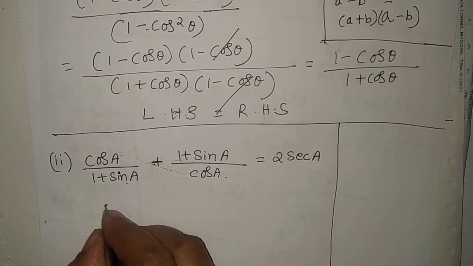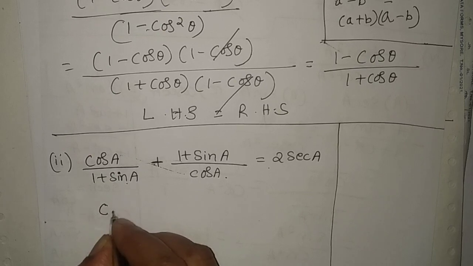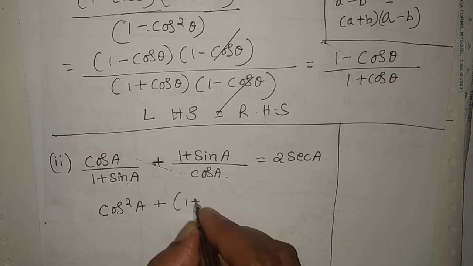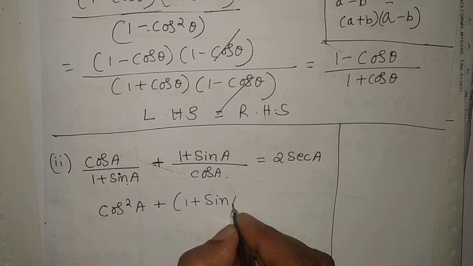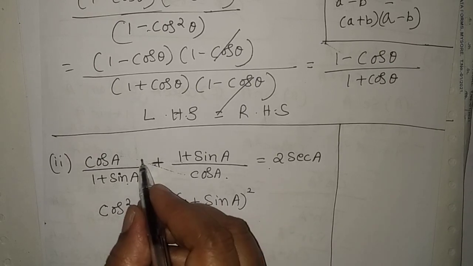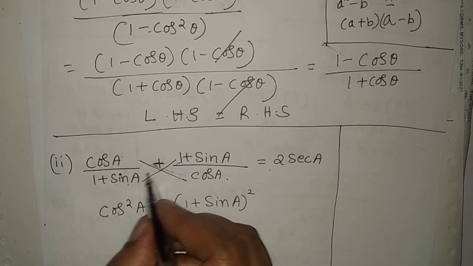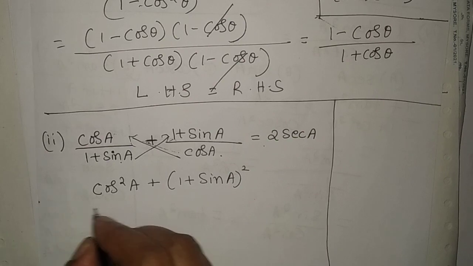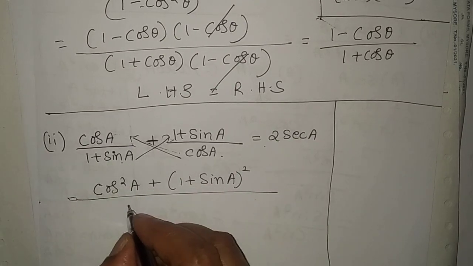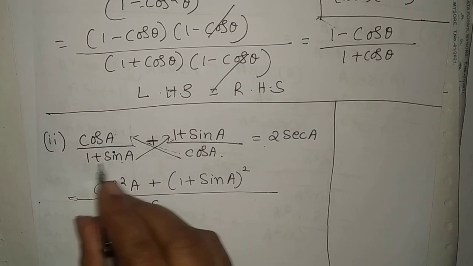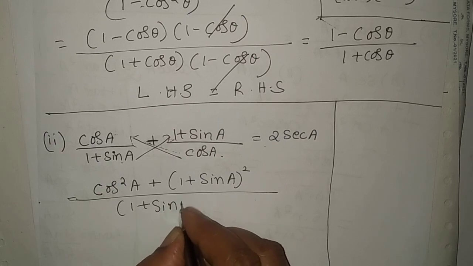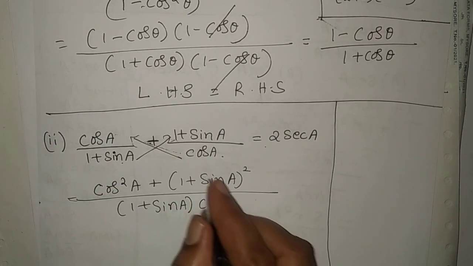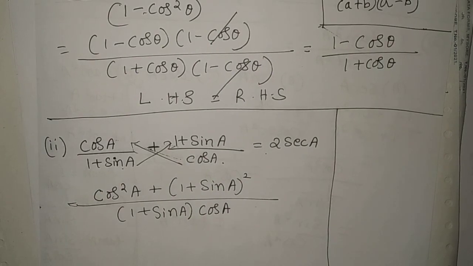Cross multiplying, we get cos square A plus 1 plus sin square A. This symbol, if I use it, means cross multiplying. Then the denominator, write down 1 plus sin A into cos A; nothing is common, so we write it as it is.